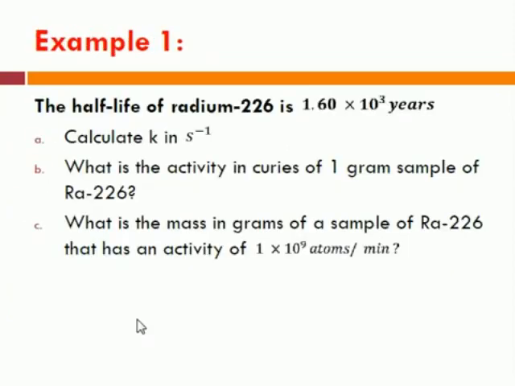And next, for letter C, what is the mass in gram of a sample of Ra226 that has an activity of 1 times 10 raised to 9 atoms per minute? So given the activity, we're being asked for the mass in grams of Ra226.